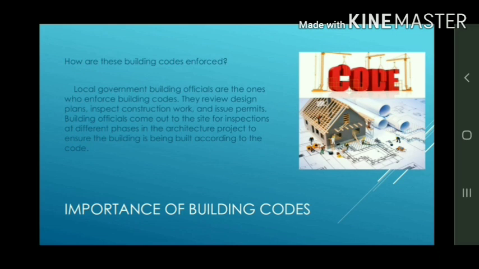Likewise, the building official is authorized to order the discontinuance of the occupancy or use of any building or structure or portion thereof found to be occupied or used contrary to the provisions of this code.